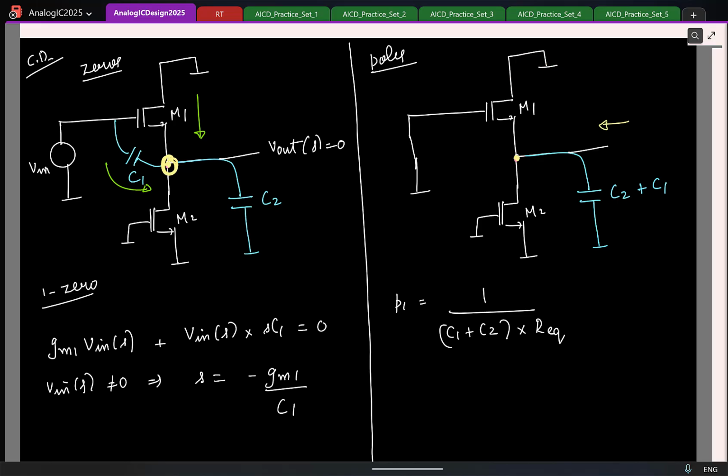So my R equivalent is basically r02 in parallel with 1 by gm1. How can I approximate this? This is approximately 1 by gm1. That's all. So which means the pole is roughly gm1 by C1 plus C2. Right?